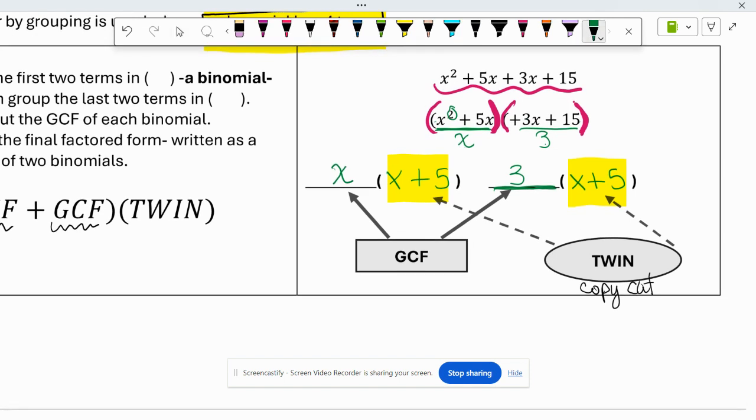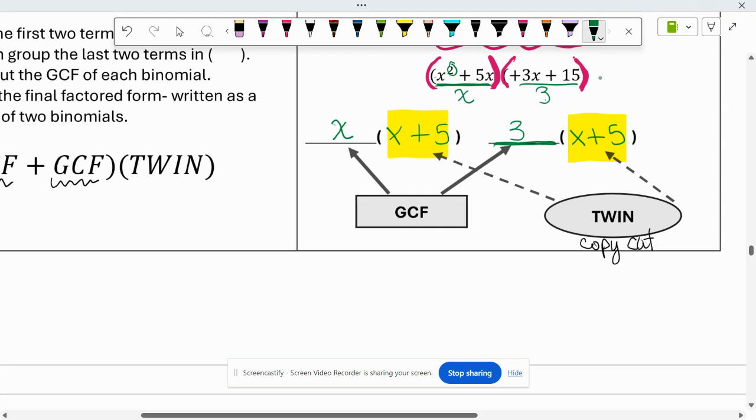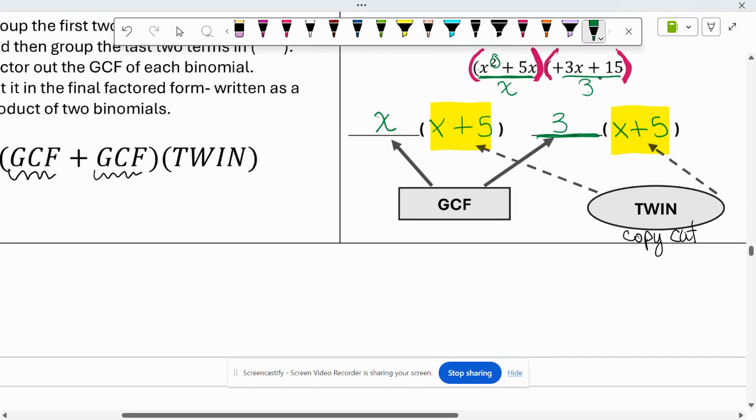So when I write my final answer, it says that I need to take my greatest common factor, which was x, plus what was the second GCF that I took out? 3, in parenthesis, multiplied by your twin.